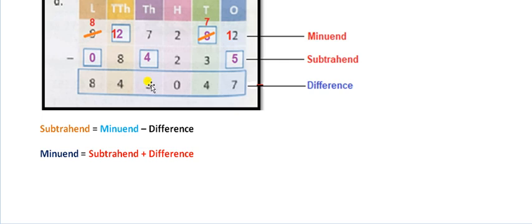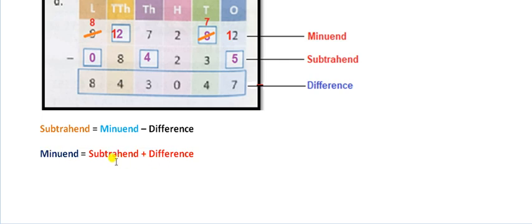So it is correct. Again, let us move to the next digit which we have to calculate. What number must be there so that we can subtract 8 and obtain the difference as 4? So again, we will be adding 8 and 4. Whenever you want to calculate the minuend, you have to add subtrahend and difference.